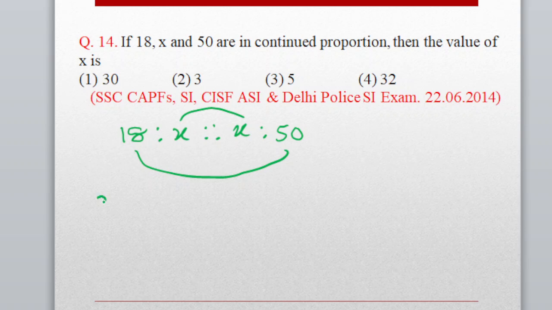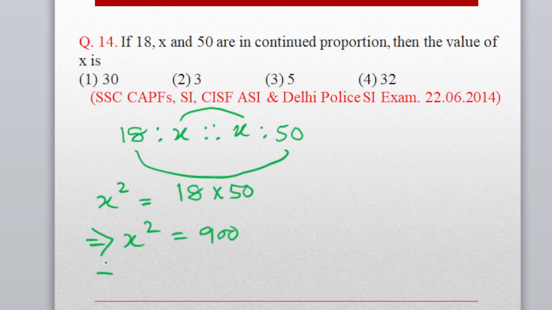So x square is equal to 18 into 50. So this implies x square is equal to 900. So x is equal to square root of 900, that is equal to 30. That means your option 1 is the right answer.